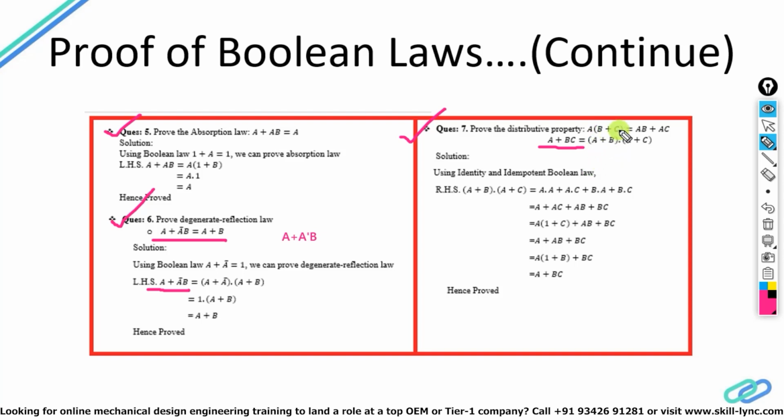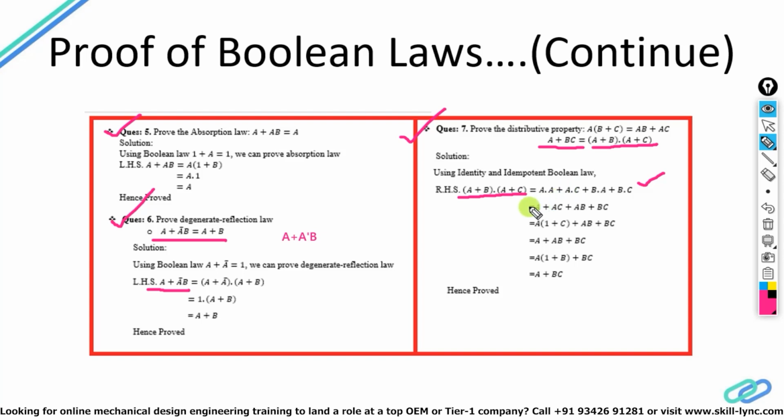I am taking the right hand side here: A plus B into A plus C. What is expected here is to just open the brackets. So whenever you open the brackets, it will be A into A plus A into C plus B into A plus B into C. A into A is A only.